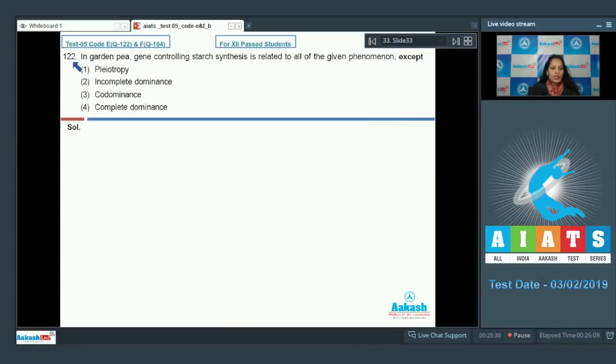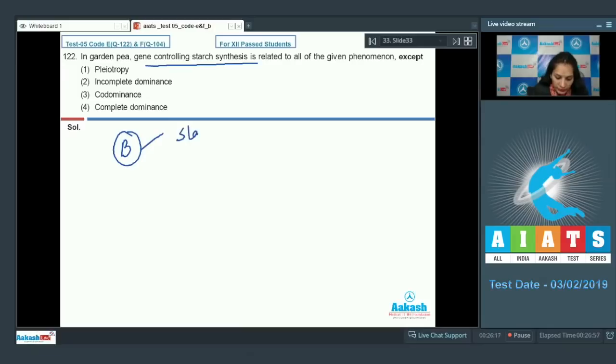Question number 122. In garden pea, the gene controlling starch synthesis is related to all of the given phenomena except: first option pleiotropy, second incomplete dominance, third codominance, fourth complete dominance. Let us suppose the gene which controls starch synthesis in garden pea is B. This gene controls two characters.